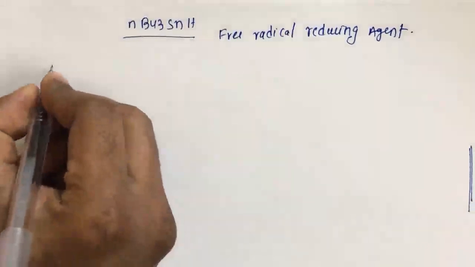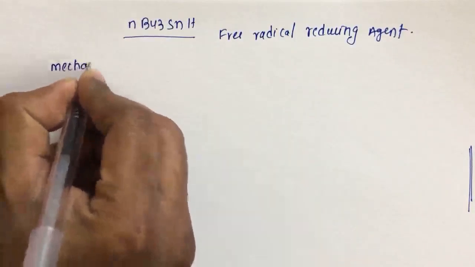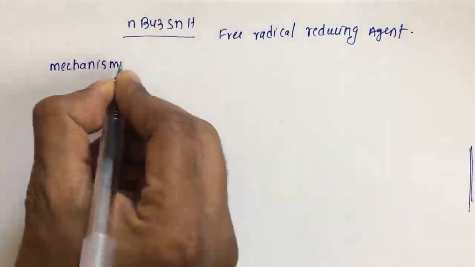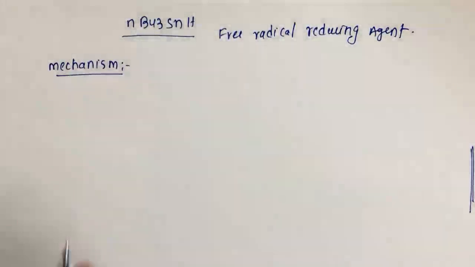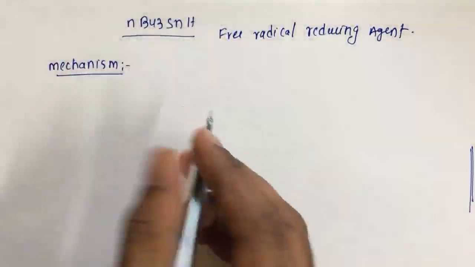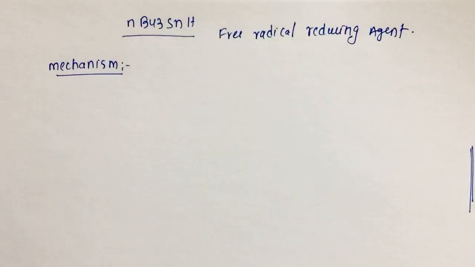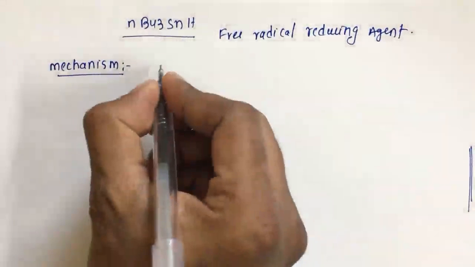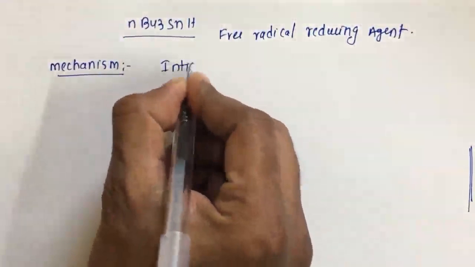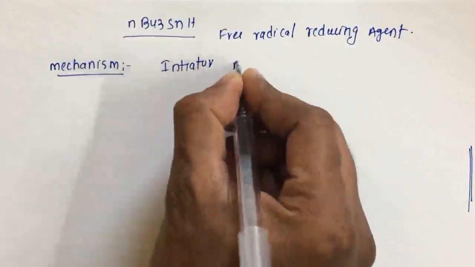So in the mechanism, this n-butyl stannous hydride requires an initiator. That initiator is AIBN.